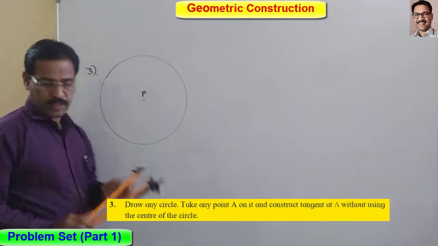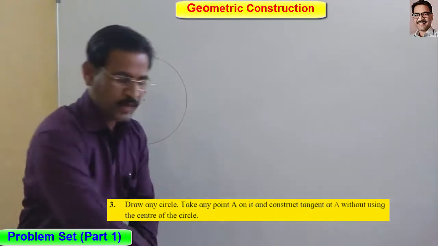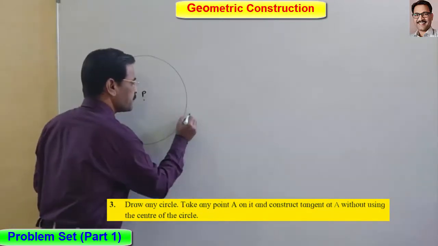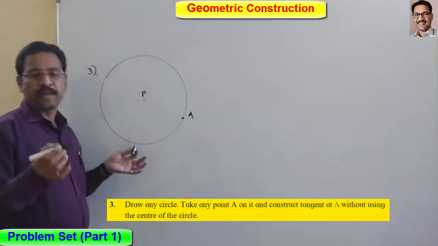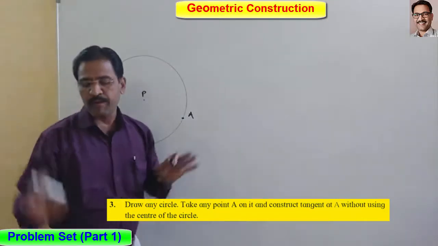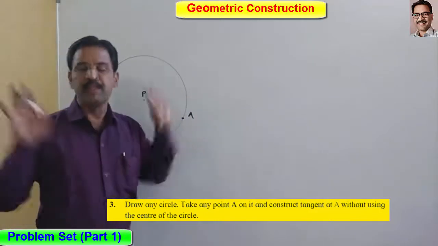This is a circle, we don't know how much radius, just take any radius. Now after that, take one point A on it, on the edge of the circle, anywhere. After that, we have to draw the tangent from A without using the center.